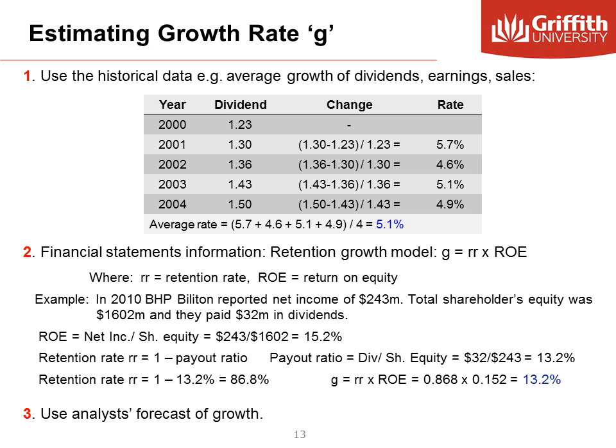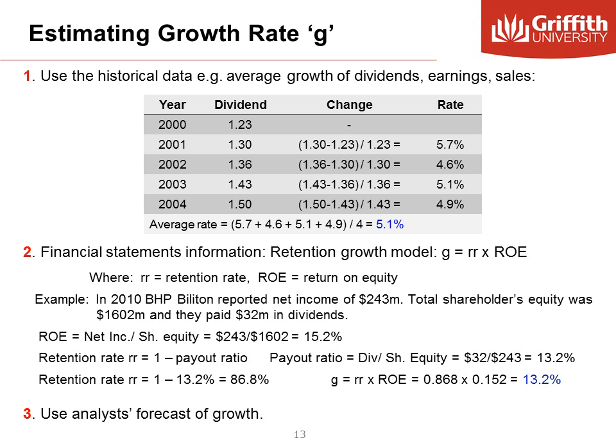One method of estimating the growth rate is using historical data by calculating the average growth rates of dividends, sales, earnings, etc. Based on what the dividends were in the past, we can calculate each year's growth in dividends.